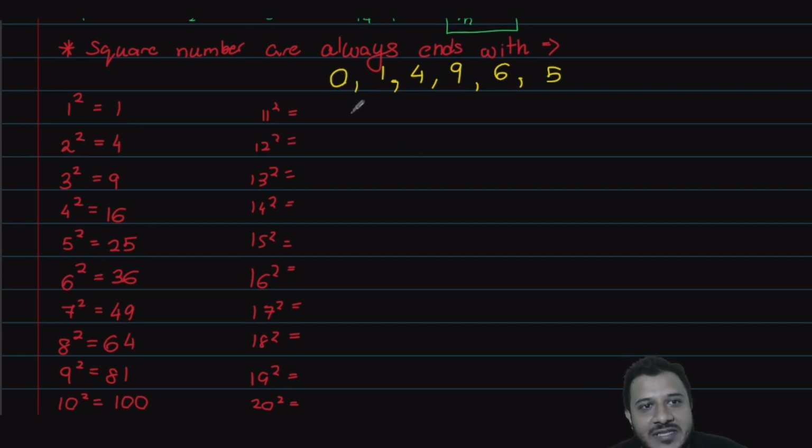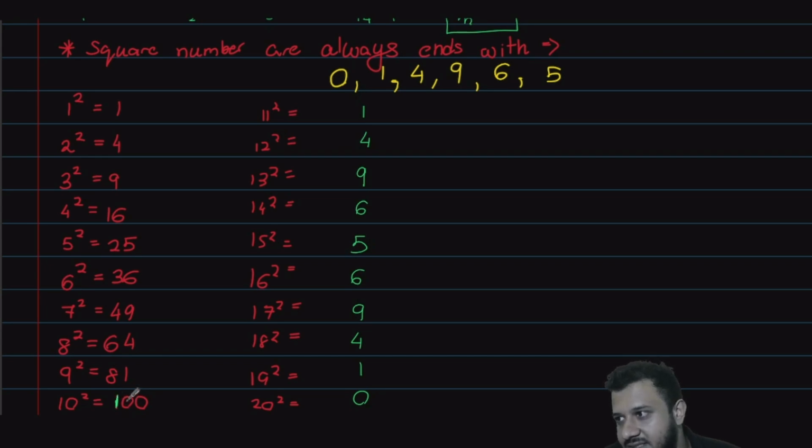So 11 square ends with a 1, 12 ends with a 4, 9, 6, 5, 6, 9, 4, 1, 0. It's like a pattern. Look at the last numbers. It's not an exact pattern, but it's easy to remember.